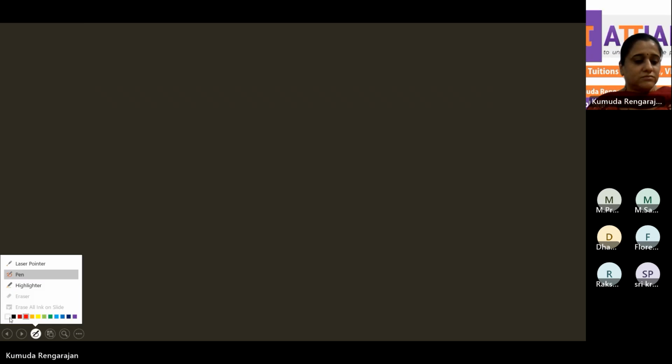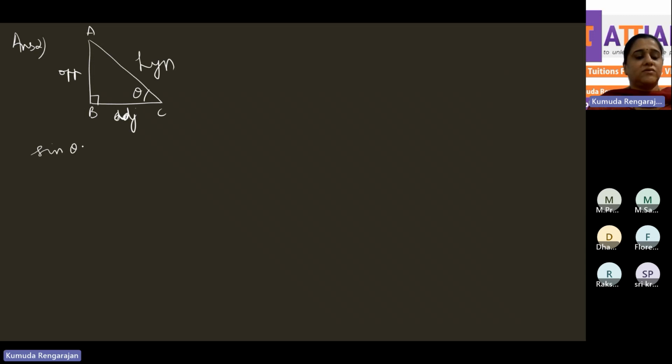Okay, so sine theta is A by B. And what is sine theta? Opposite by hypotenuse. Opposite by hypotenuse is A by B. So opposite this one is A. Hypotenuse is B.